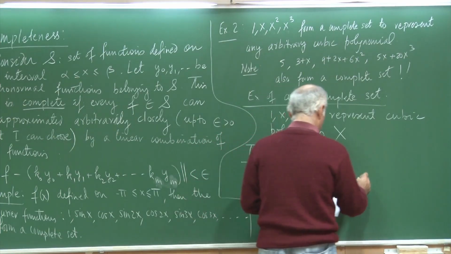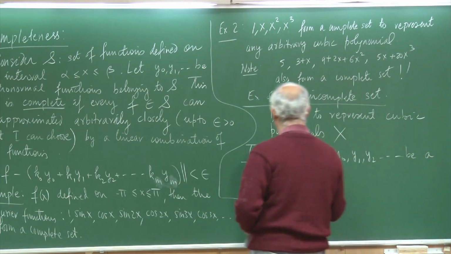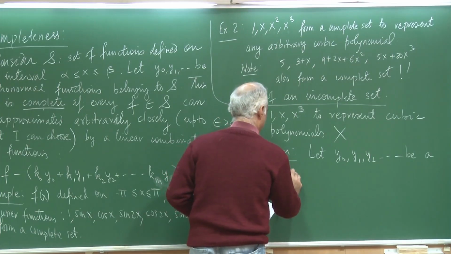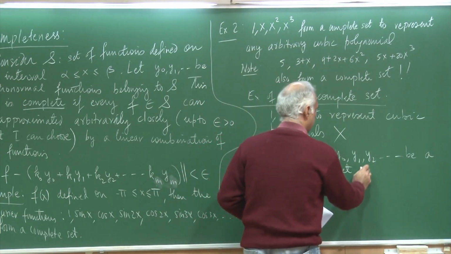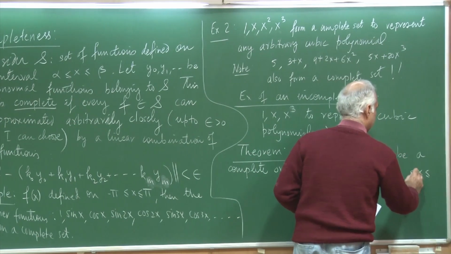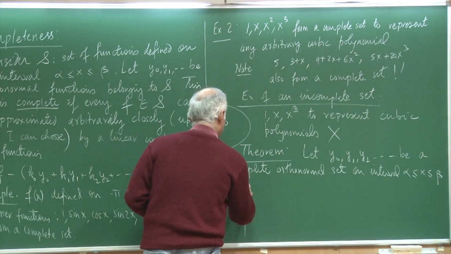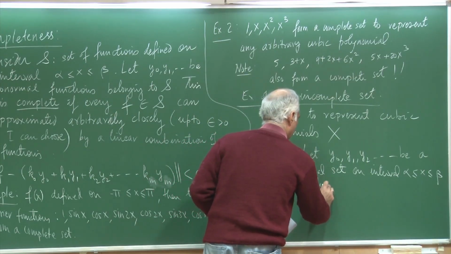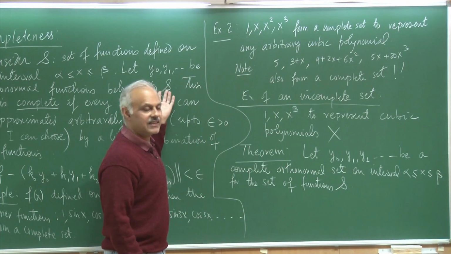Let y0, y1, y2, etc. be a complete orthonormal set on the interval x lying between alpha and beta for the set of functions S. So this part is exactly what was stated earlier, nothing new here.